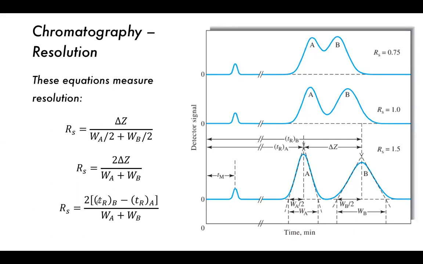So that would be 2 times the retention time of B, assuming B goes through slower than A, minus the retention time of A, all over the width of A plus the width of B. And so those are our equations to measure the resolution of our chromatogram.